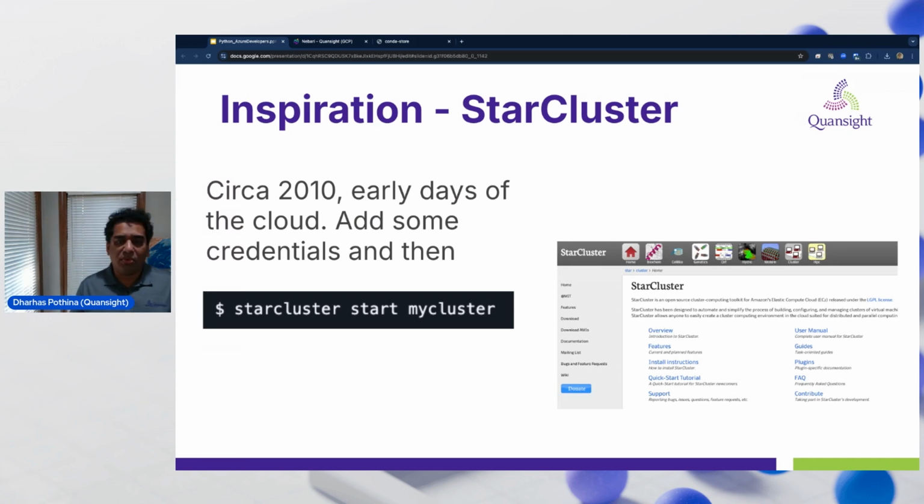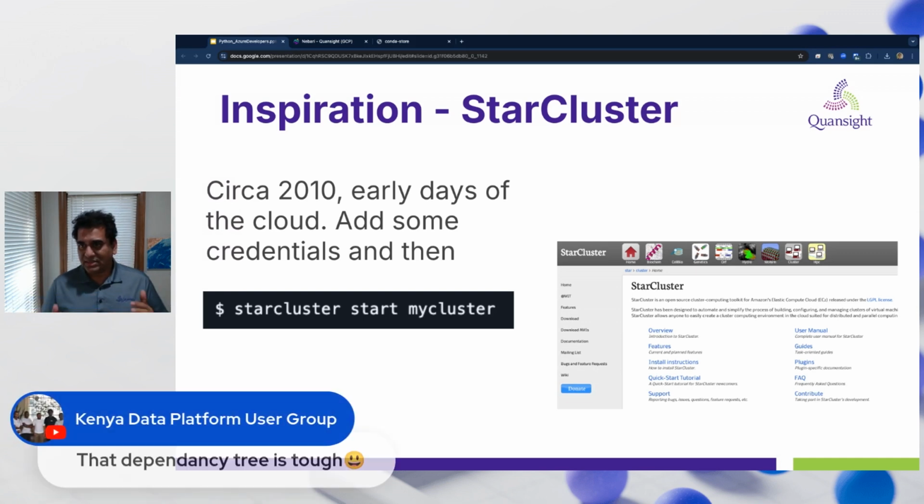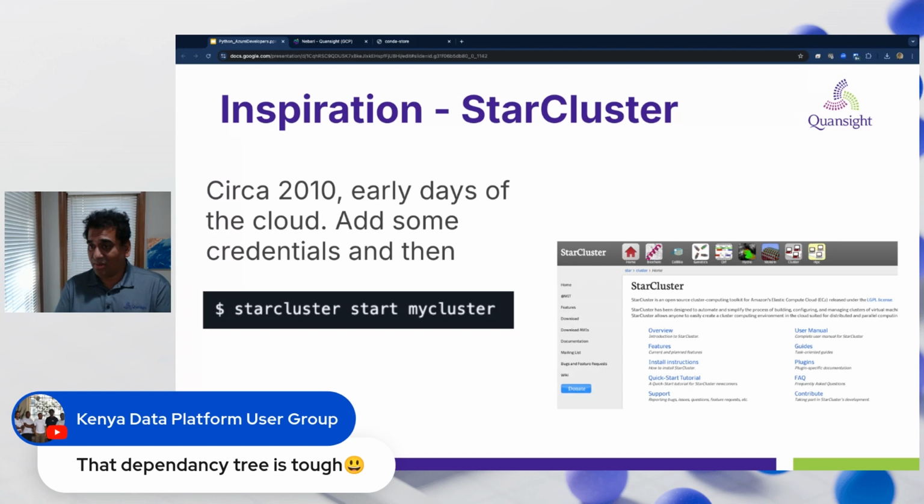So I came from government research labs where we had access to big HPC systems, and I could use a lot of compute. When I moved to the industry, I got really annoyed about how difficult it was to deploy everything I needed in the cloud. The inspiration for some of the work I'm talking about today is something that was done at the beginning of AWS, which was Star Cluster, and it was developed at MIT.